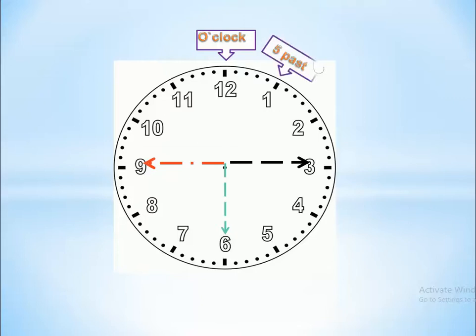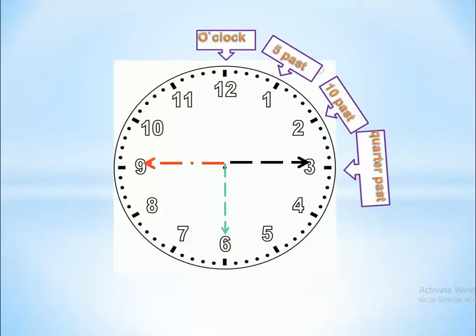Okay, every dot from here means 1, so from 12 to 1 we have 5 minutes past. On 2, 10 minutes past. On 3, quarter past.